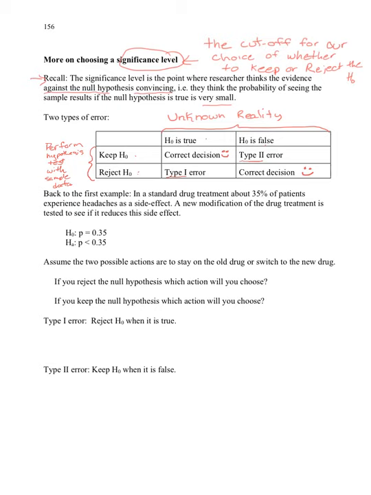If you reject the null hypothesis in favor of the alternative, that means you think the evidence is pointing to the fact that the proportion with side effects has been reduced. So you would want to switch to the new drug. On the other hand, if you kept the null hypothesis, you would want to stay with the old drug. You have no evidence that the new drug is any better.